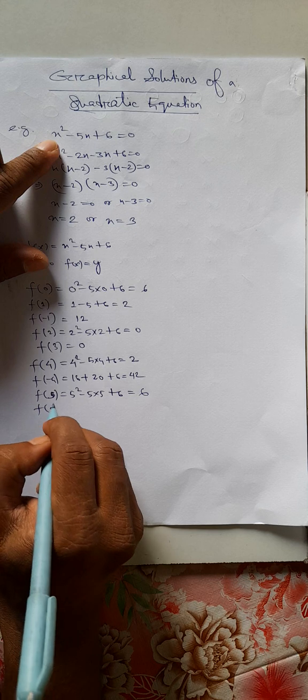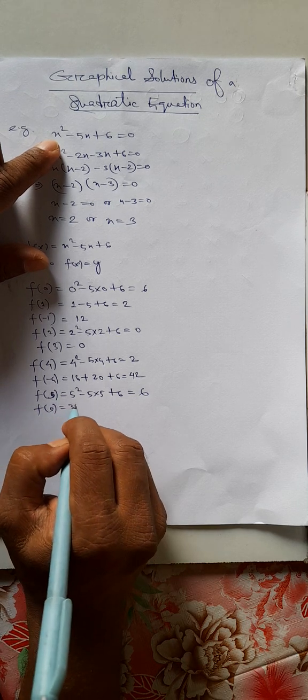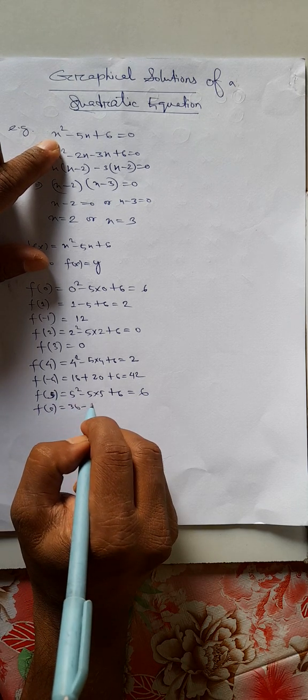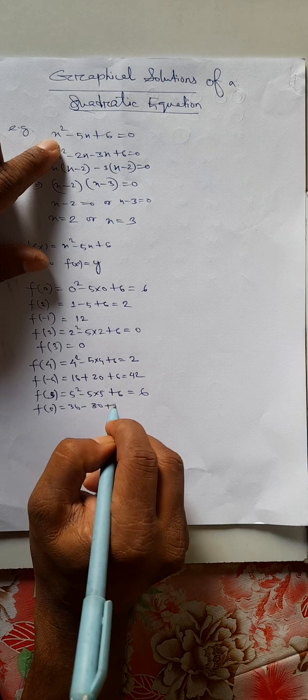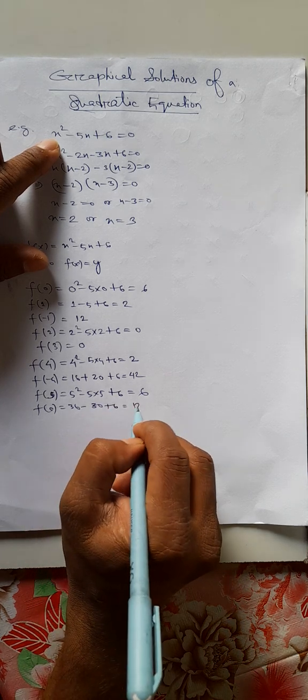Similarly, f(6) equal to 36 minus 30 plus 6, 6 plus 6, 12.